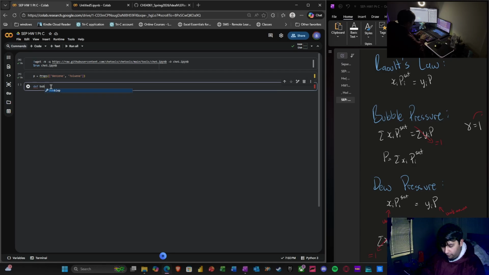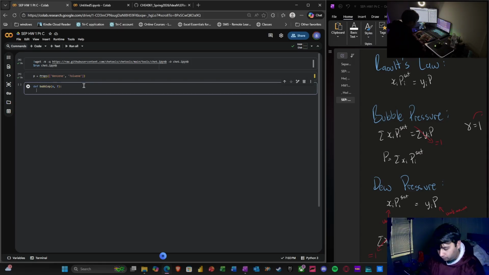So for bubble pressure, we're going to use the variables x and T representing the liquid phase composition, and then our temperature. So let's start with defining our yP, which is basically saying this side is equal to this. So what is that? It is x times P dot Pvap.